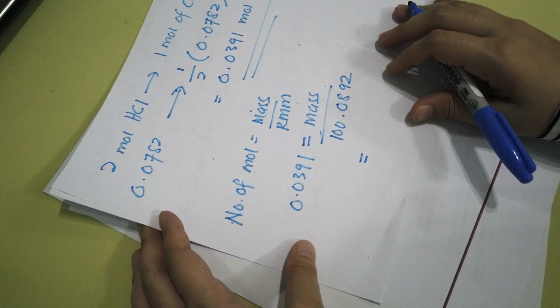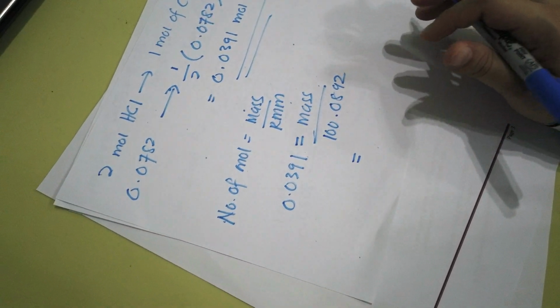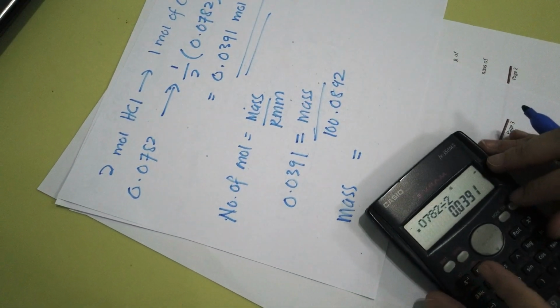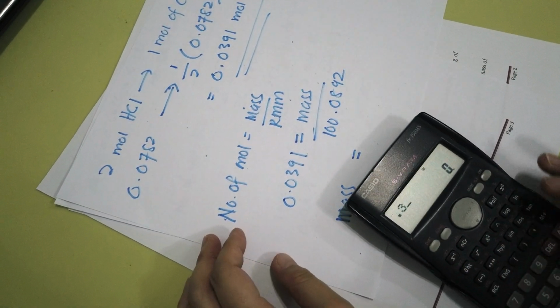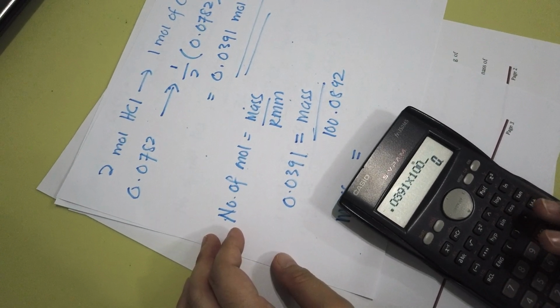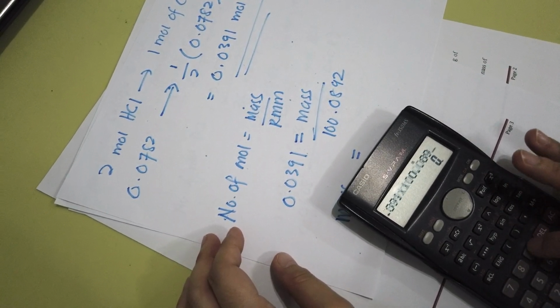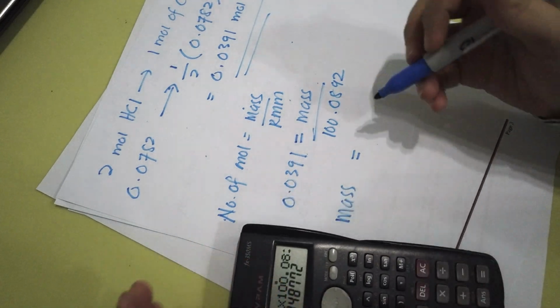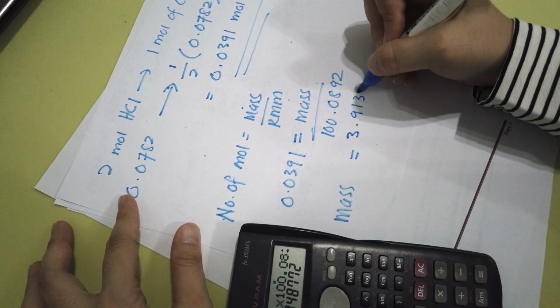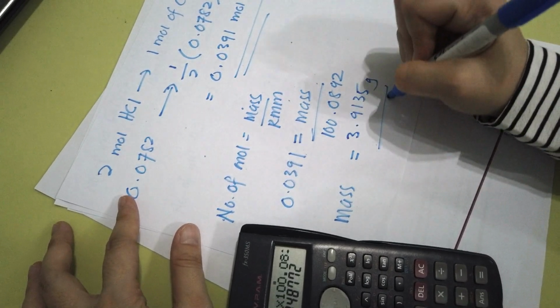So the mass is equivalent to 0.0391 times 100.0892. You should get 3.9135 grams.